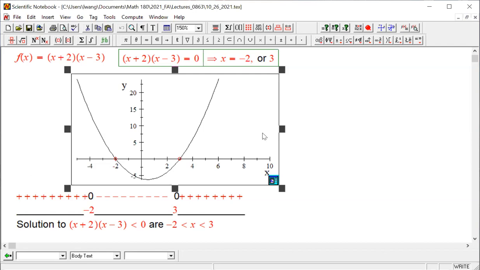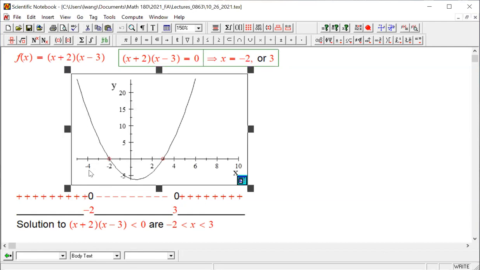Compare these 2 pictures. What do you see?